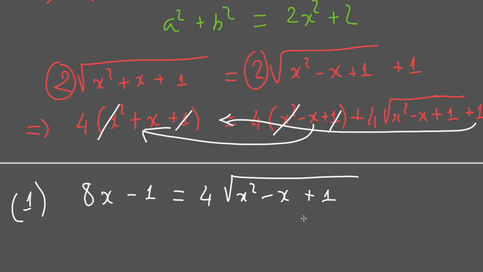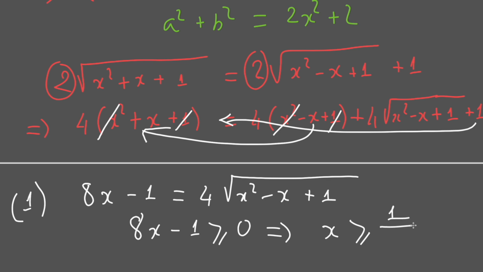On the right side is an expression containing a square root, so it has to be greater than or equal to 0. Then the left side has to be greater than or equal to 0 as well. So the condition on x is x greater than or equal to 1 over 8.